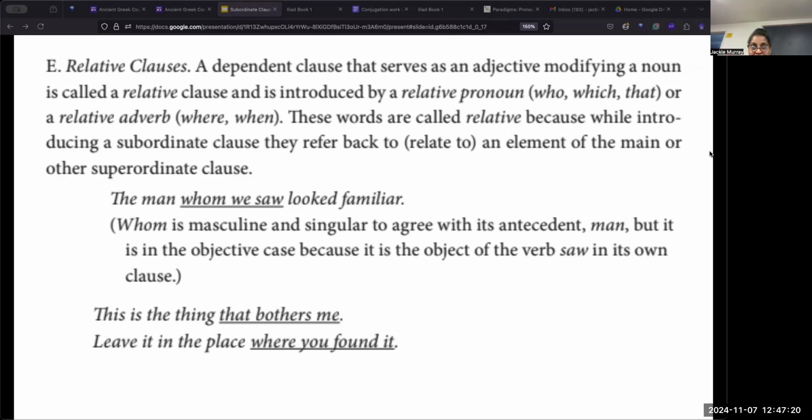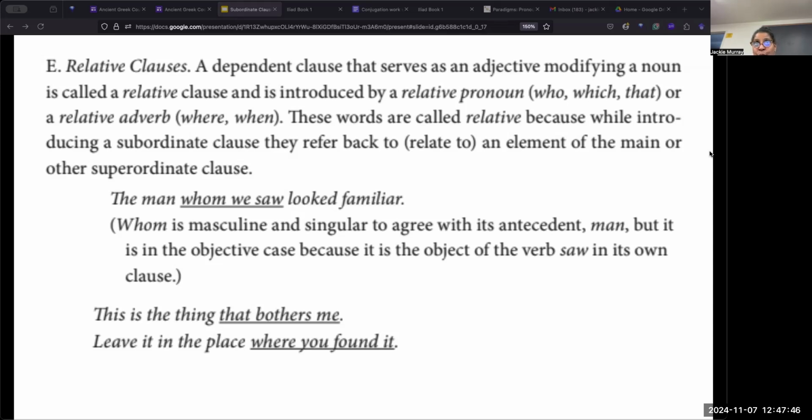See that? Yeah. And it's in the accusative case in English, whom, because it's the object of the verb in the relative clause, right? We saw him. Again, that him is another one that can also indicate case, right? He, nominative, him, accusative. So we saw him.